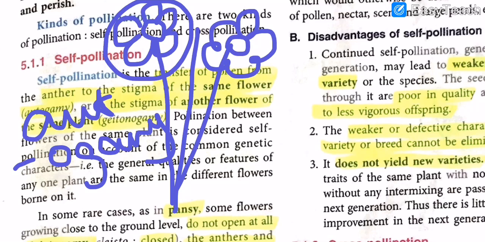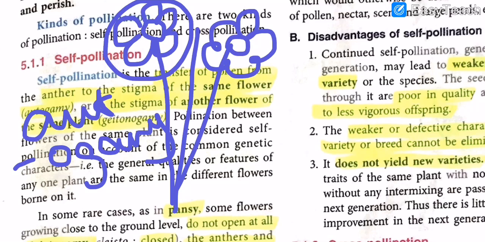Pollination between flowers of the same plant is considered self-pollination. We are not concerned with one flower or the other flower. All we are concerned with is the same plant. So as long as it is the same plant, you have two subdivisions: autogamy and geitonogamy.